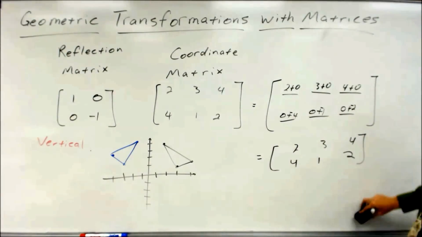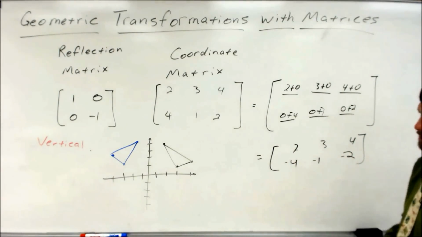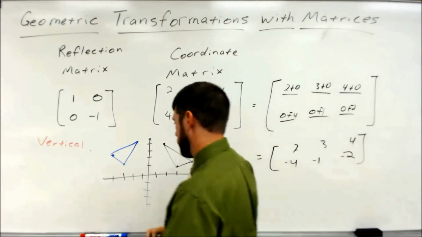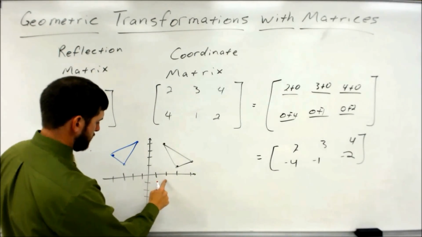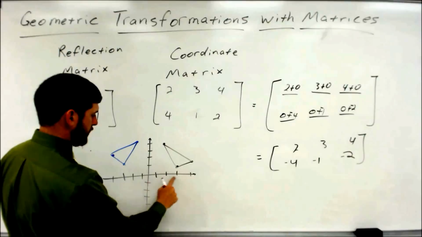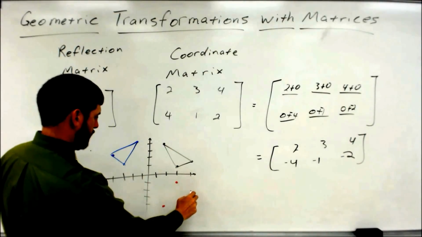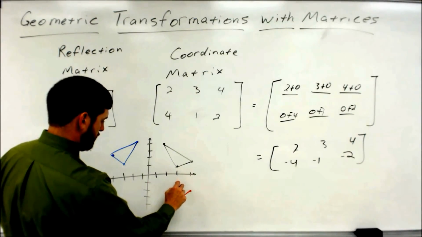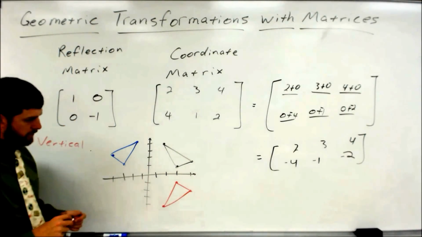So we can see that we have 2, -4. Over 2, down 4. 3, -1. And 4, -2. Same figure flipped vertically now.